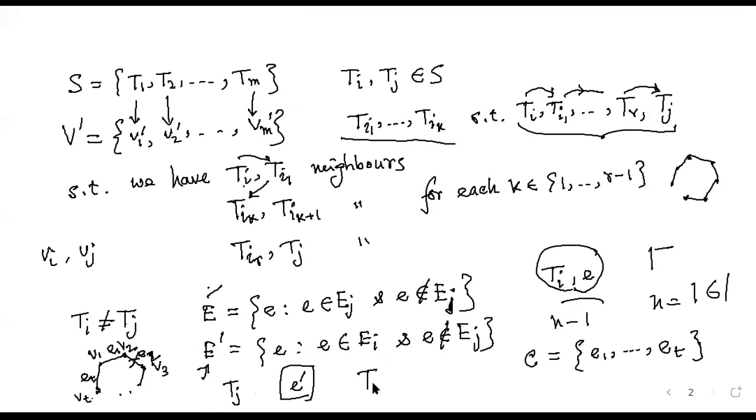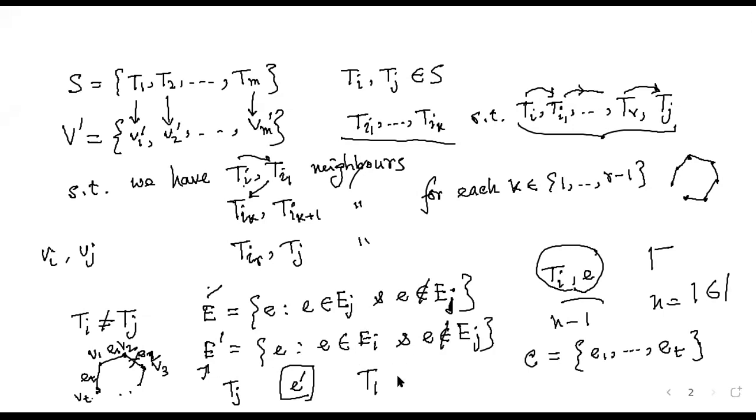So T1 is a set which contains all but one edge from Ti and at least one edge from Tj, right? Okay, nobody's saying anything, so I'll assume it's fine.